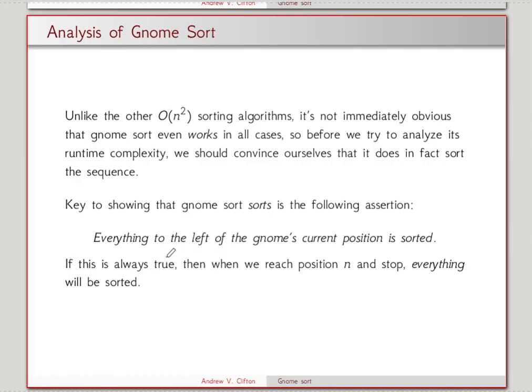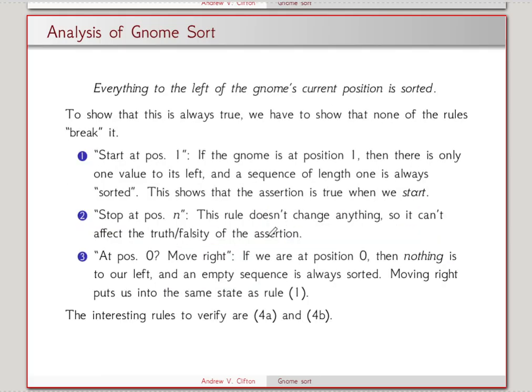If this is true all the time, and then we eventually reach position n, that means everything will be sorted. Everything to the left of the end of the array will be sorted. So we just have to show that this is always true, that everything we do inside of the loop preserves this property, that everything to the left of the gnome's current position is sorted.